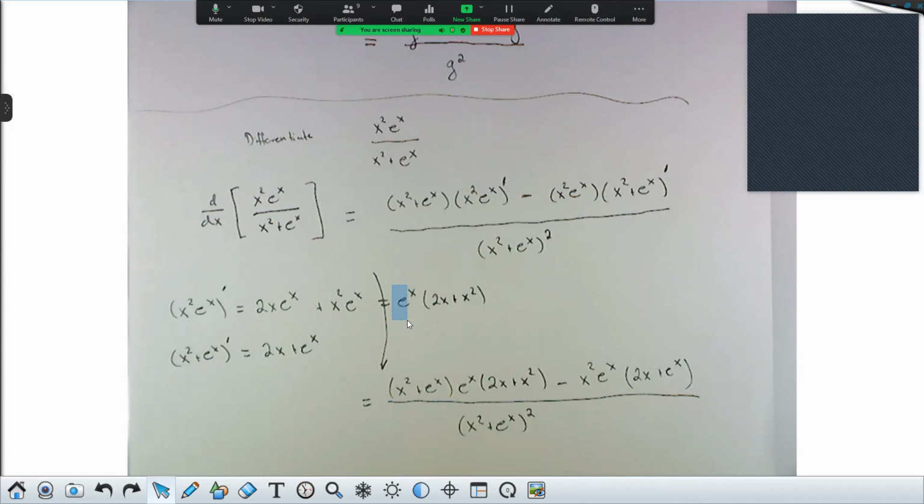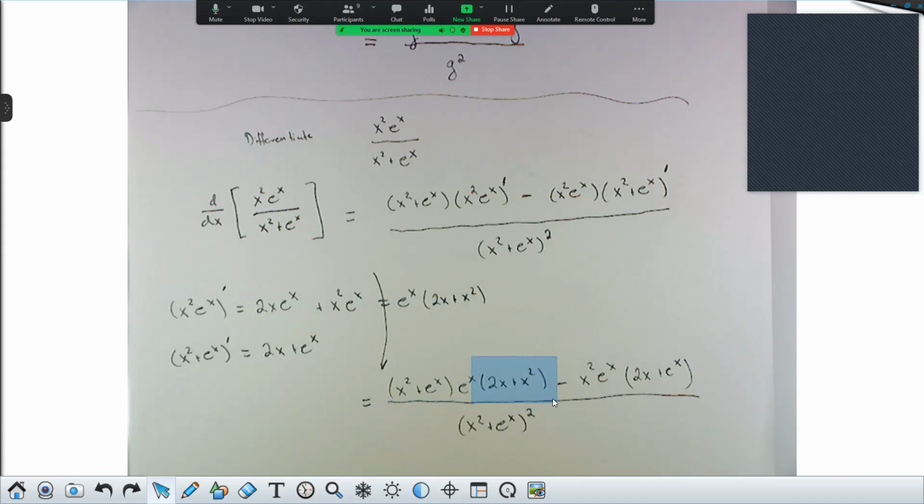Factoring this e to the x at this step is not necessary. You could plug that in as this. So in place of these, you could write just this instead. But the long-term goal here is going to be factoring, right? We want to factor the top and bottom just as much as we can. So there's no harm in factoring this e to the x out at this step and then plugging that in.